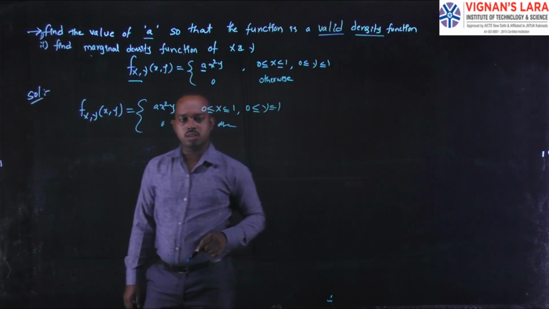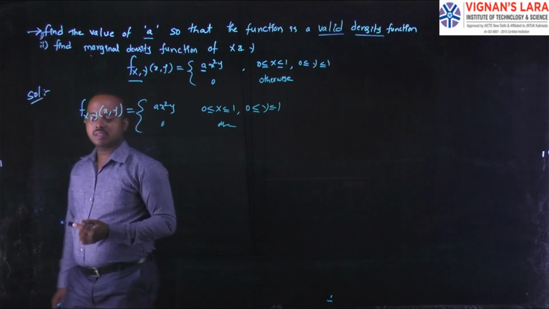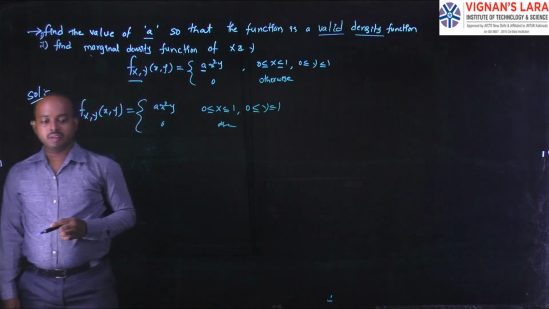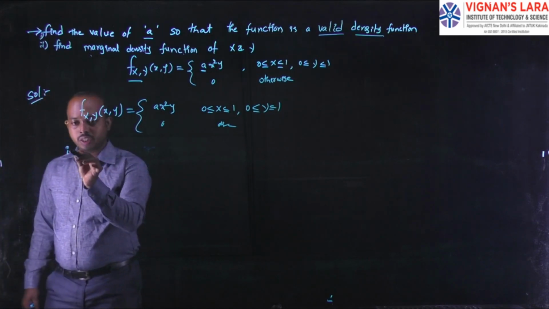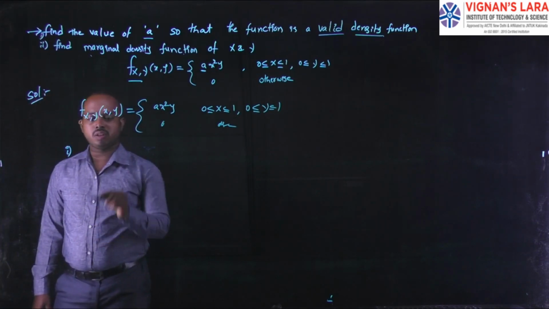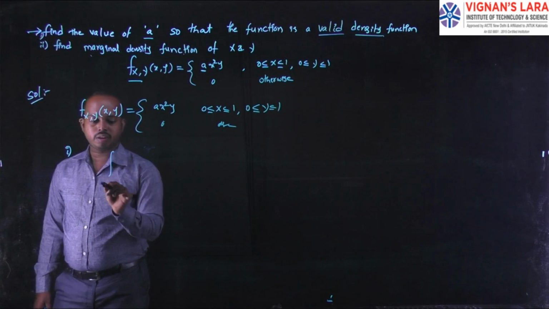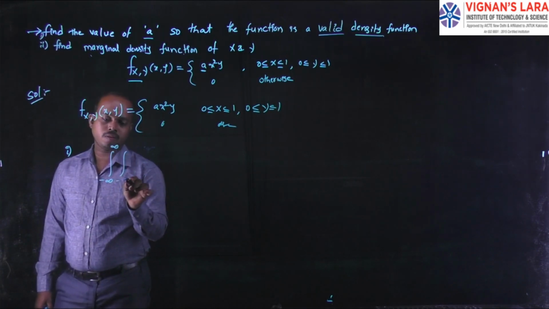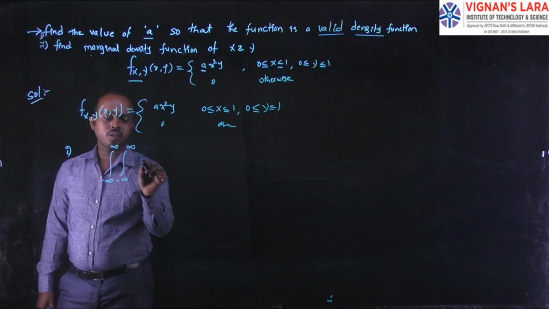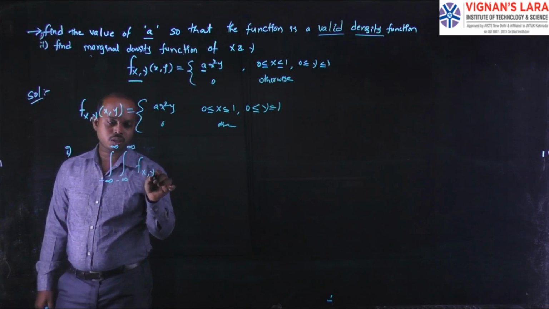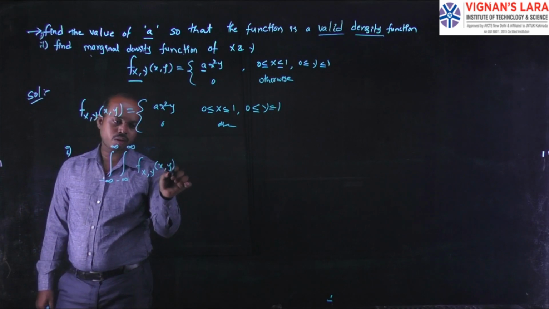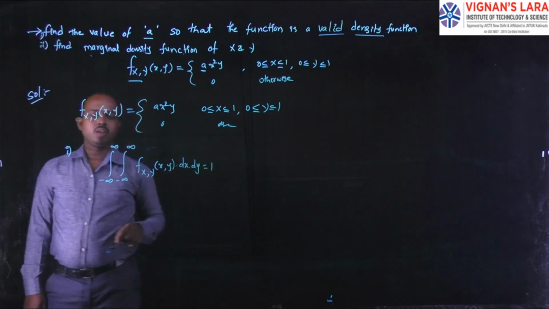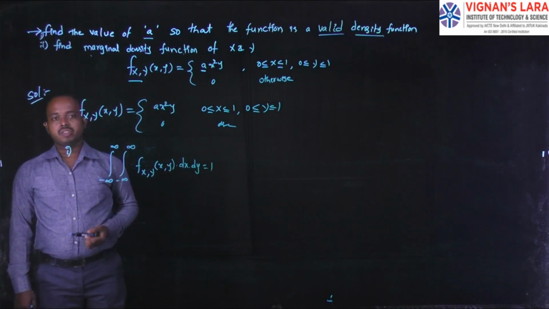For this, we can find the value of a. Since the given joint density function is a valid density function, we consider the condition: the integral from minus infinite to plus infinite of the joint density function f of x comma y dx dy is equal to 1. This is the condition for a valid density function.